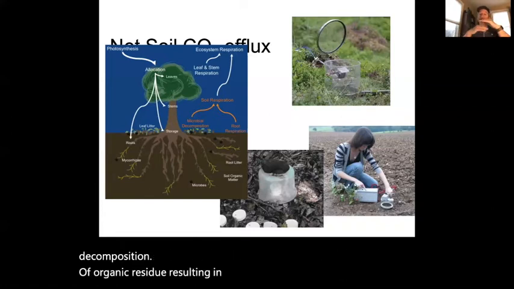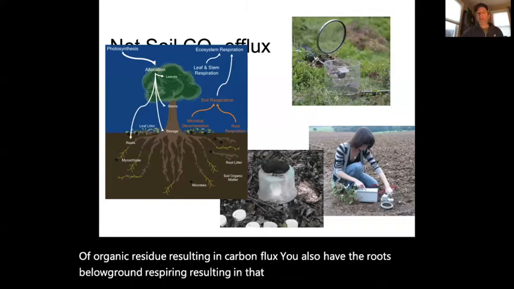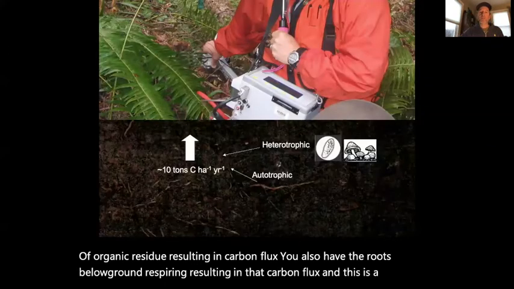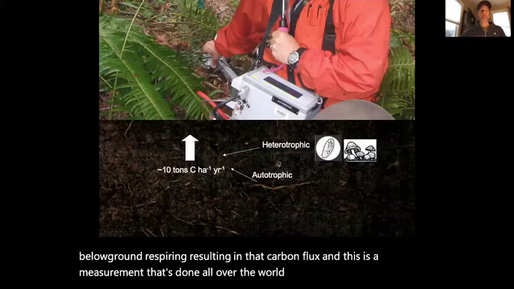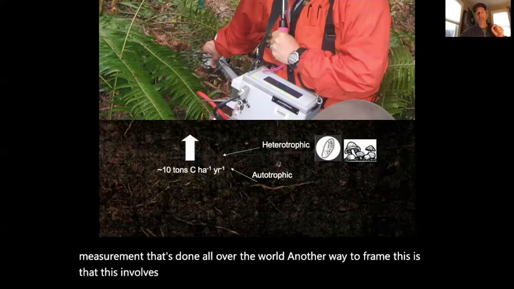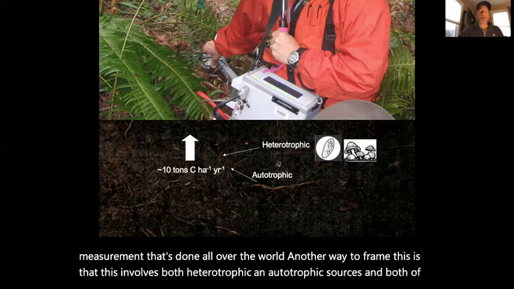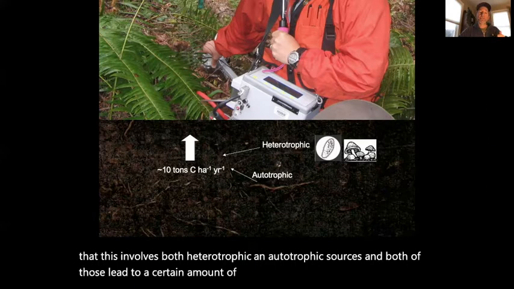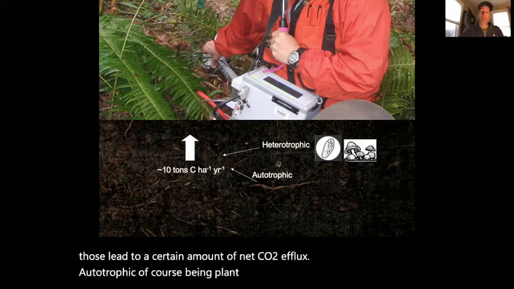You also have the roots below ground respiring, resulting in that carbon flux. And this is a measurement that's done all over the world. Another way to frame this is that this involves both heterotrophic and autotrophic sources, and both of those lead to a certain amount of net CO2 efflux. Autotrophic, of course, being plant roots, heterotrophic being microbes.